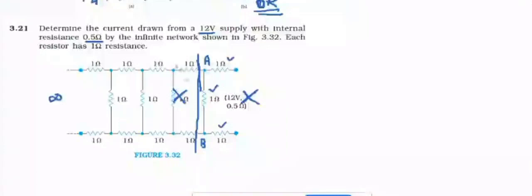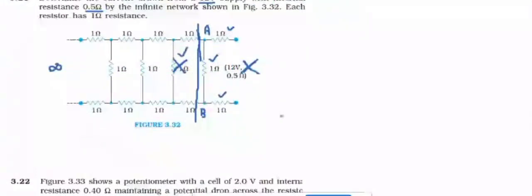Now this resistance X, how is it connected? It is connected across AB. So I will draw an equivalent circuit now.